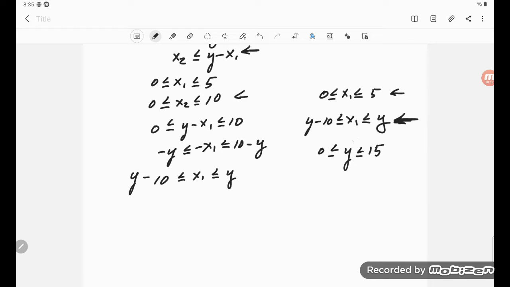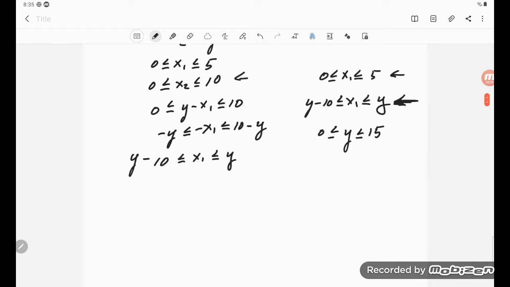But if y is 0, x1 will have to be 0 because of the second inequality. And so we'll have one set of inequalities, 0 less than or equal to x1 less than or equal to y, and that is going to be when y is between 0 and 5.